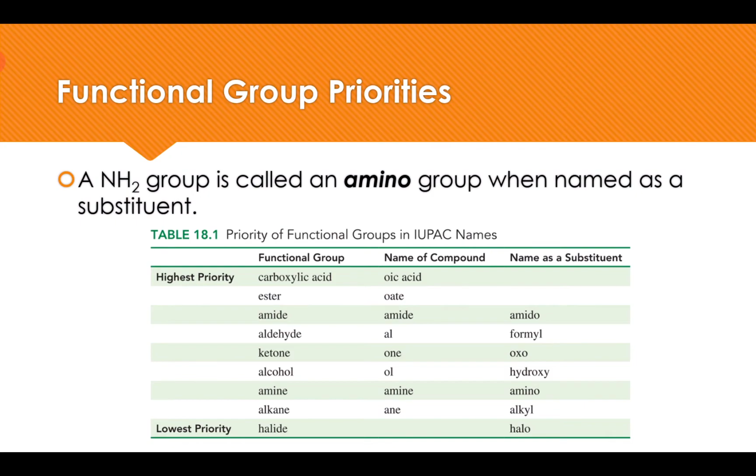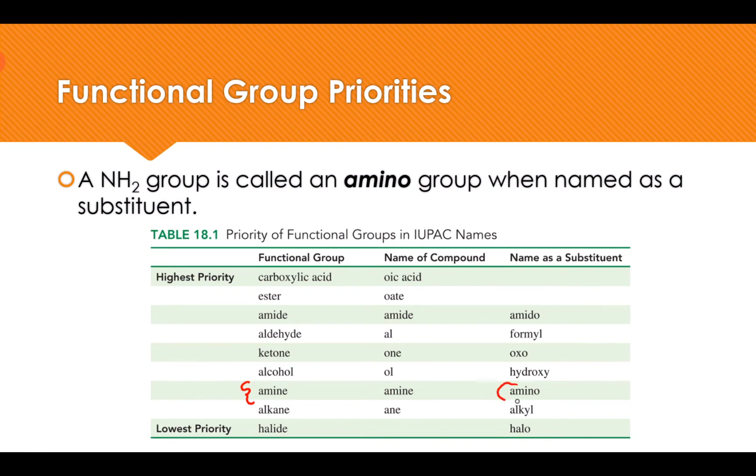Where do amine groups fall in our functional group priority for suffix? Amines are very low on the priority list for suffix. They are below alcohols. That means if there's an alcohol and an amine group in your molecule, it is named like it's an alcohol. The amine would get thrown into a prefix.